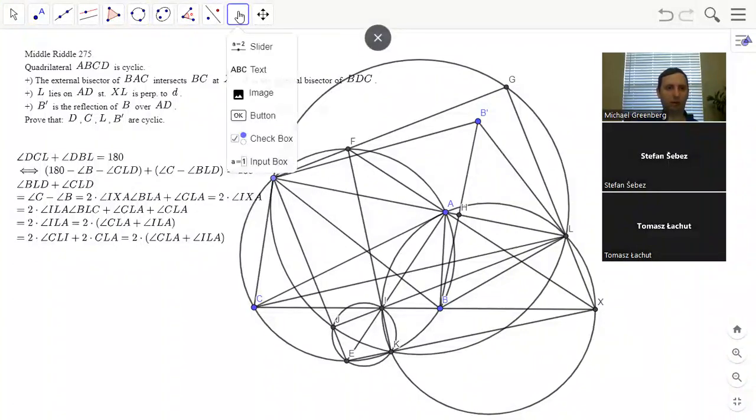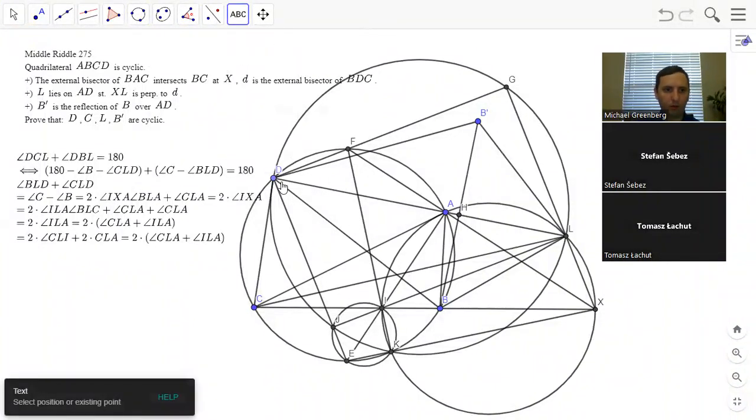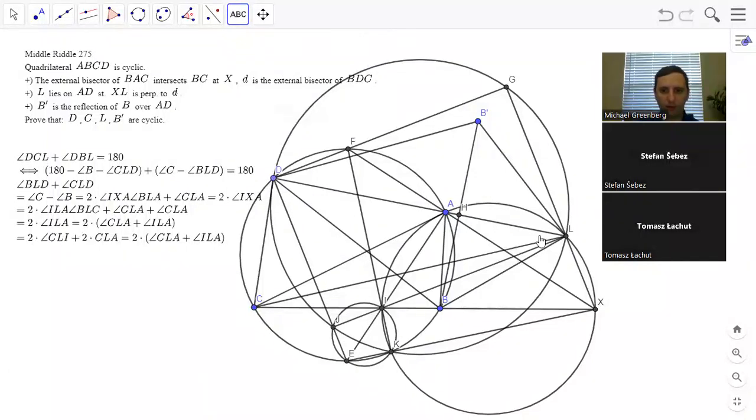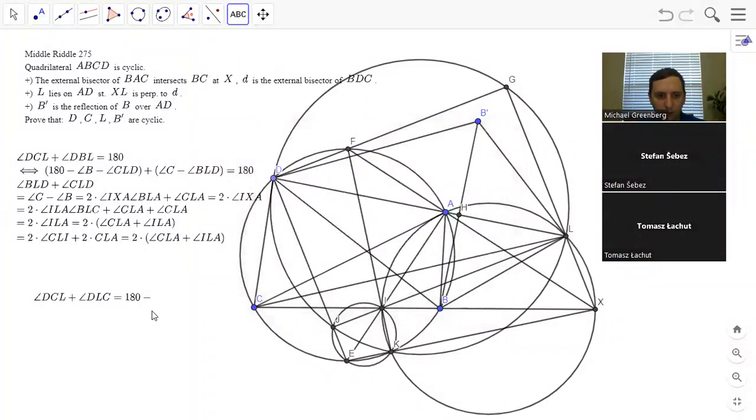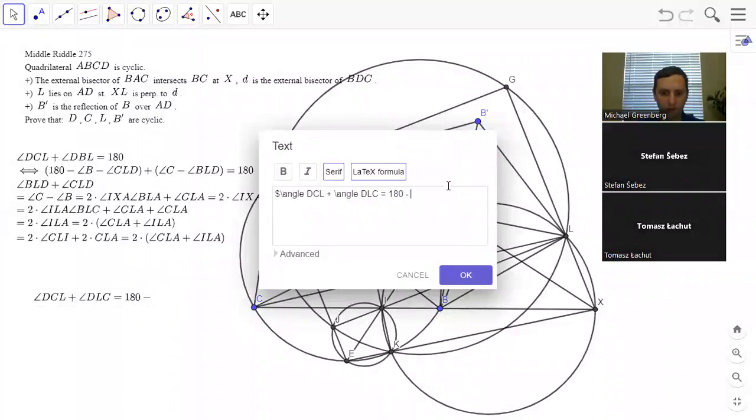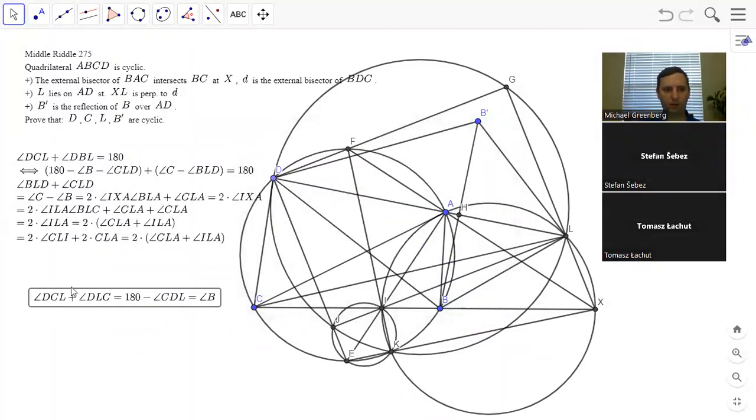Here's what I'm saying. Angle DCL plus angle DLC is 180 minus angle CDL, which is angle B, the way I drew it, right?